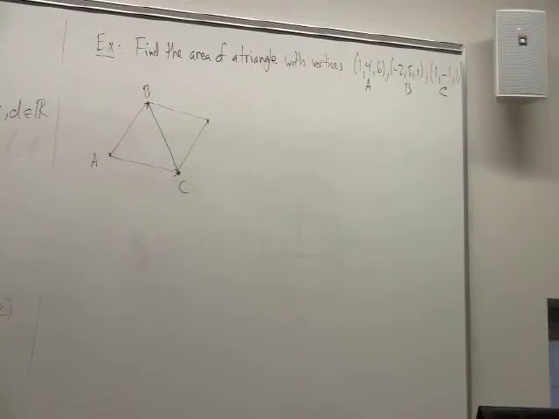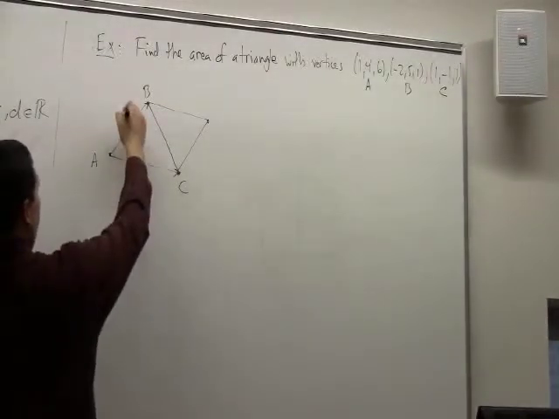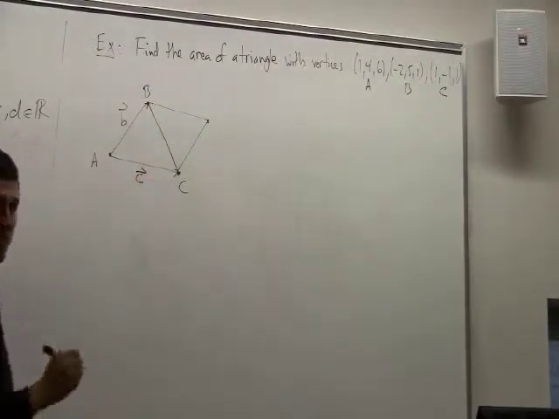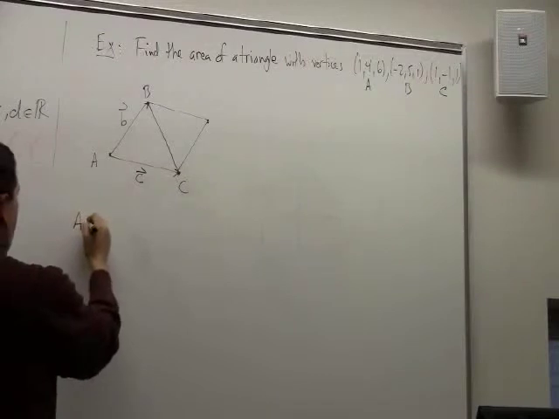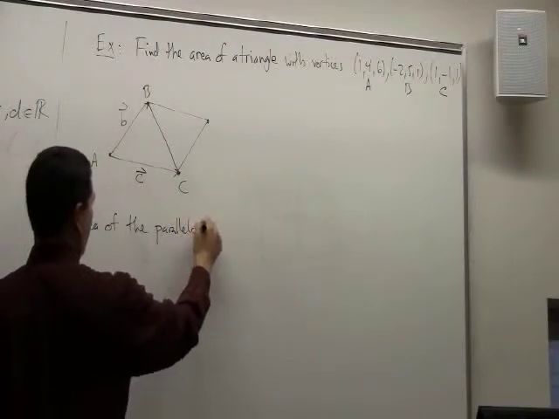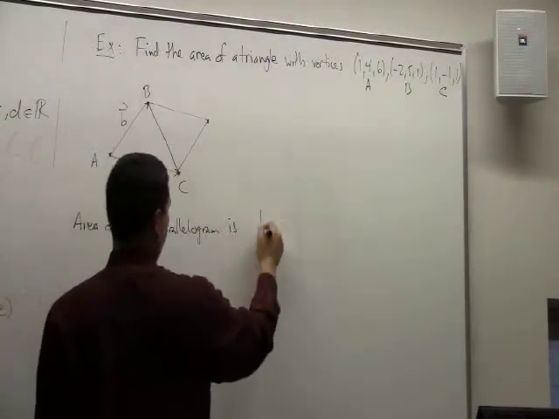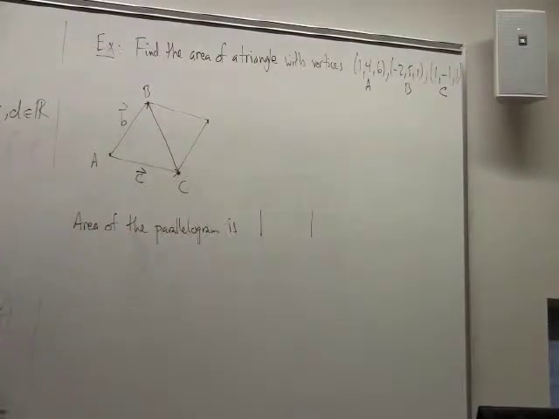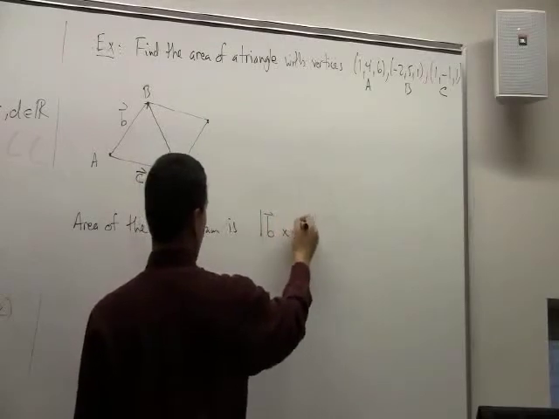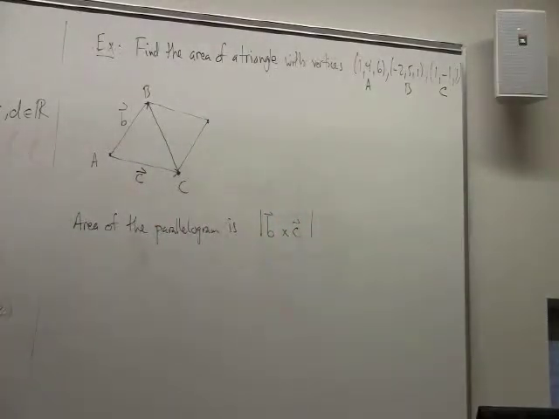Before that, right at the beginning. Let me give a name to these vectors that go from A to B and from A to C. So the area of the parallelogram is the magnitude of the cross product of those two vectors, B and C. If you took that cross product, the magnitude of it was the area of that parallelogram.